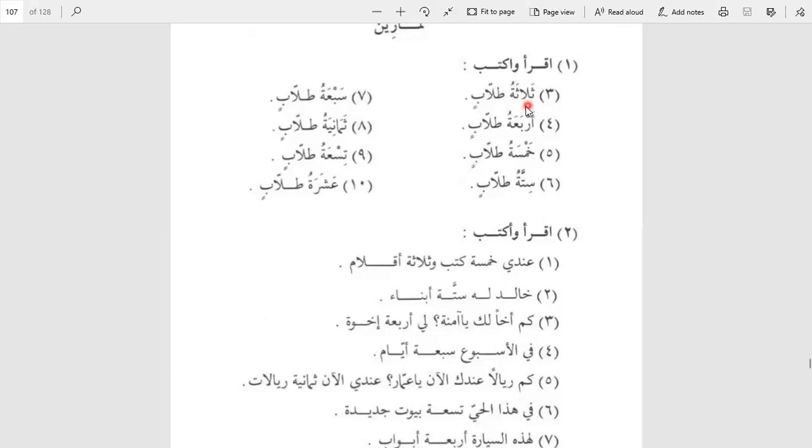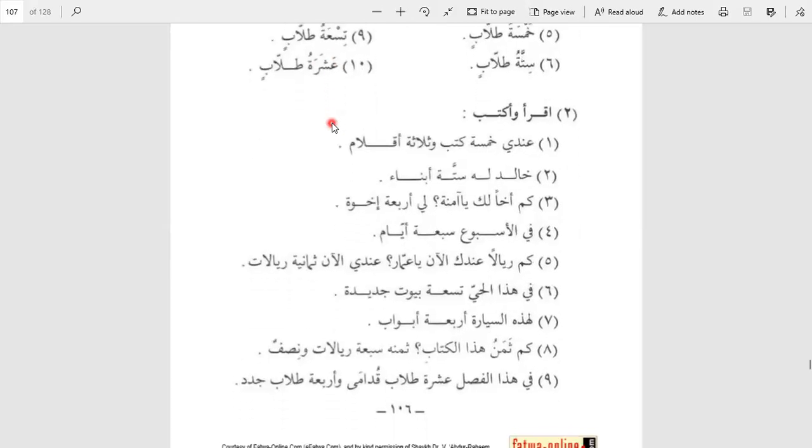So starting from 3, 4, 5, 6, 7, 8, 9, 10 students. Take note of the construction. The maudud is always in plural form, and the adad is always opposite to the mawdud.